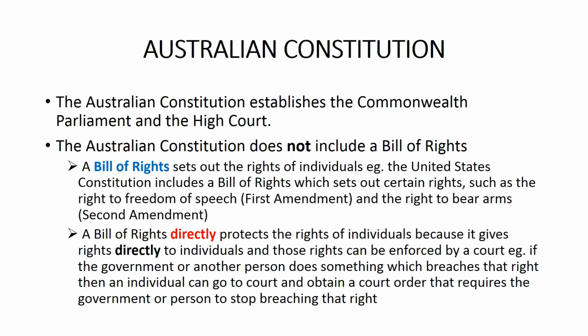Alternatively, it could be that, for instance, an employer requires its employees to sign a contract under which those employees undertake not to criticise the employer. Again, that would be a breach of the employee's rights to freedom of speech, and therefore any employee could take the employer to court, and the court would, for example, prohibit the employer from enforcing that contractual provision.